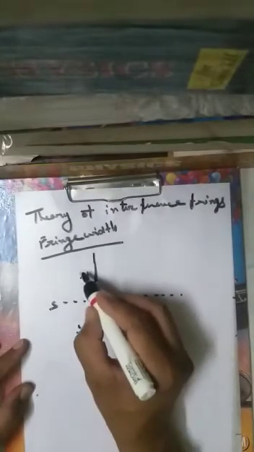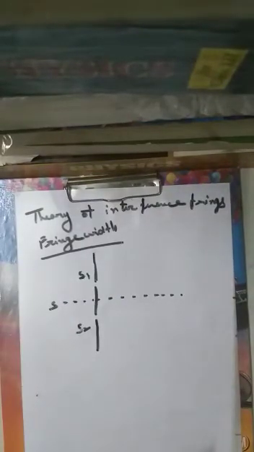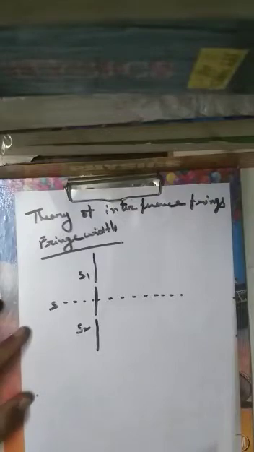We do this, and don't take two separate sources, because if we take two sources, interference does not occur, as the sources do not behave as coherent sources, which is the condition of interference.